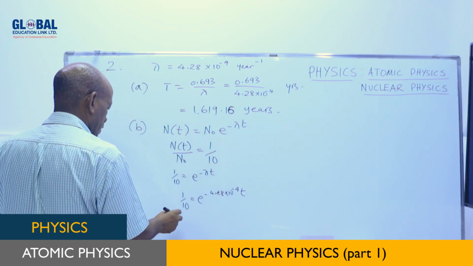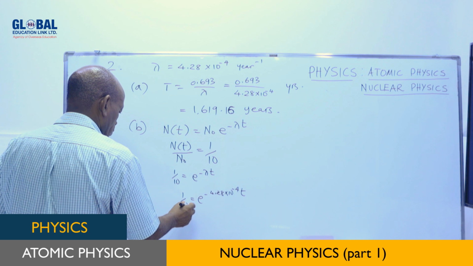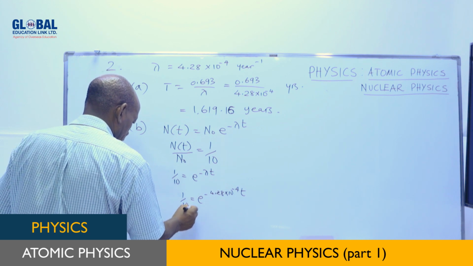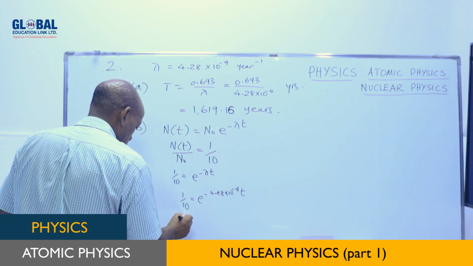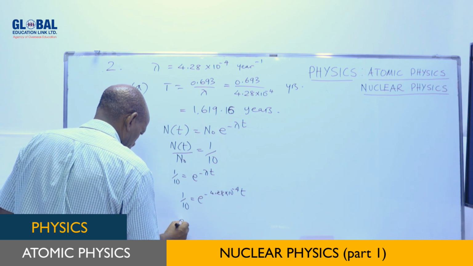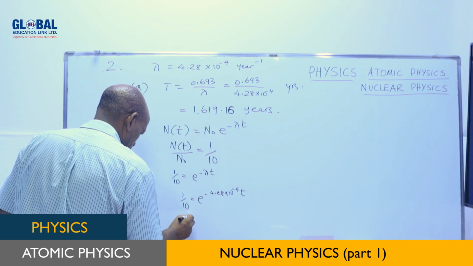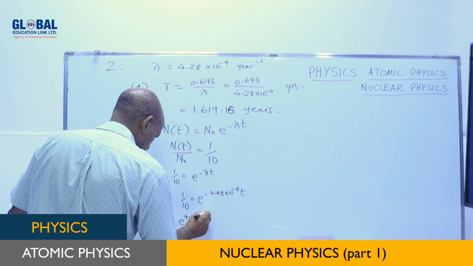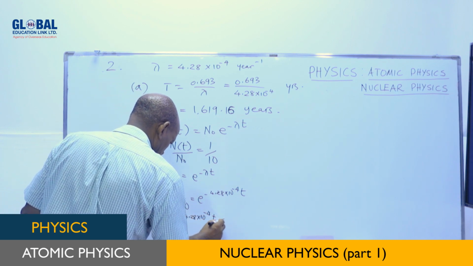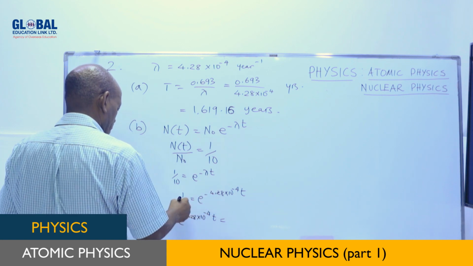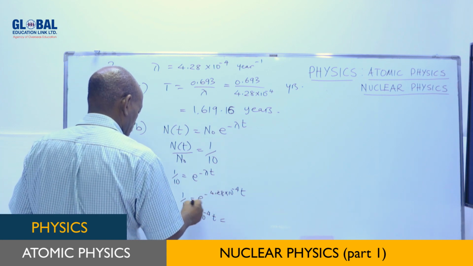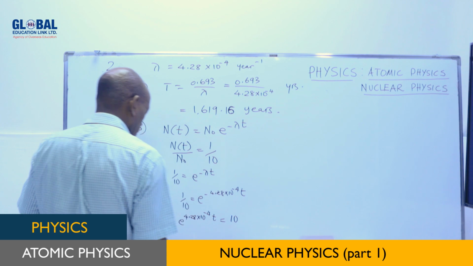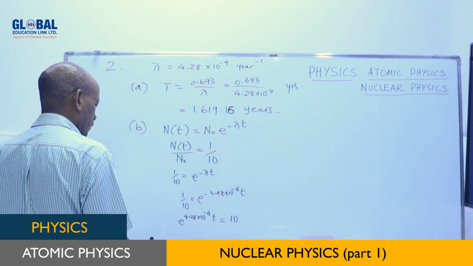It means that e power 4.28 times 10 power negative 4 t will be equal to 10.